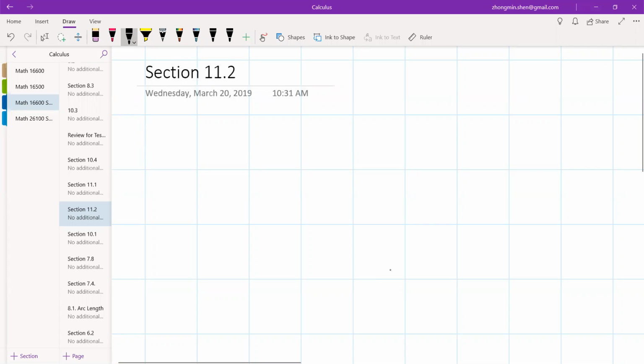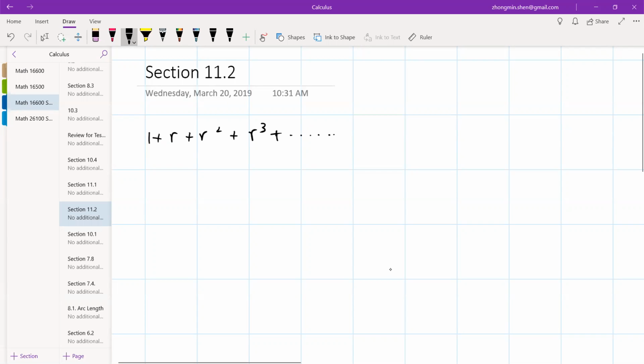We already talked about this before. I want to add them together: 1 plus r plus r squared plus r cubed. First of all, what does it mean? This means you're going to add infinitely many terms.